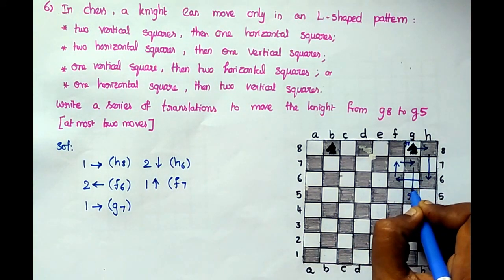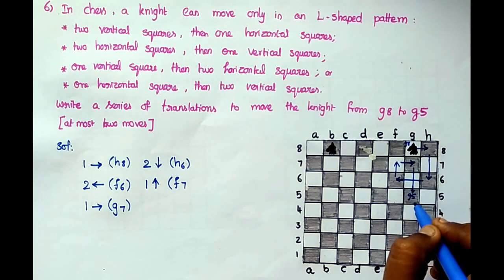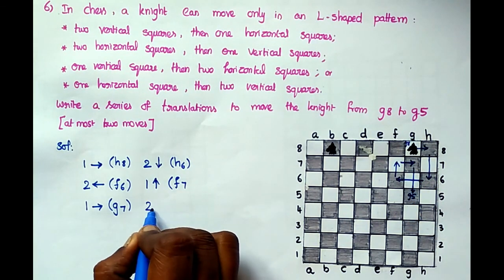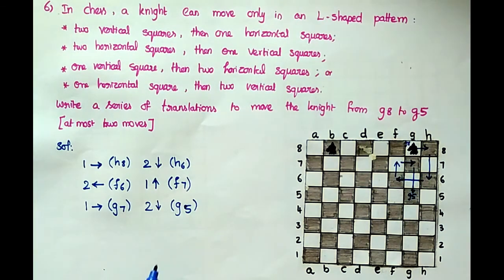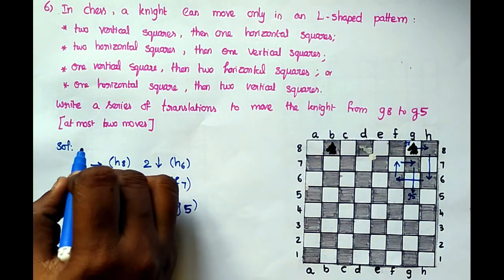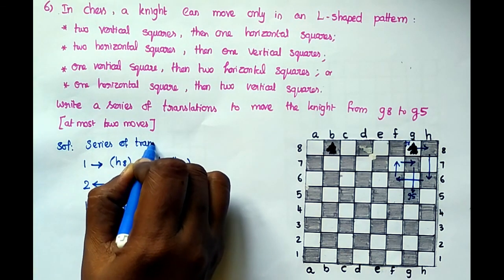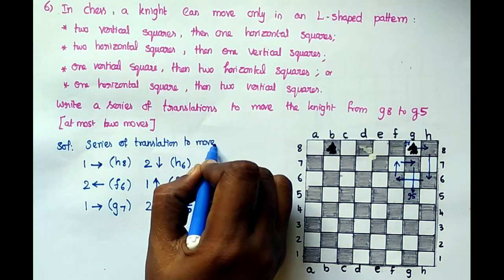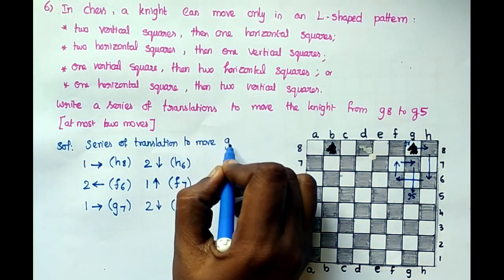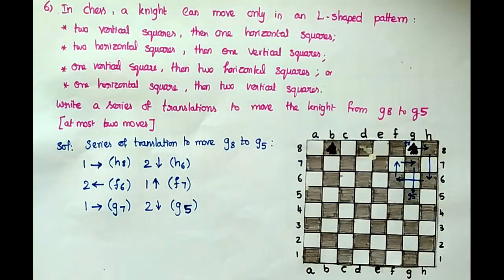From here it goes to G5, two moves downwards, so it reaches G5. So this is the series of translations to move G8 to G5. That is the answer.